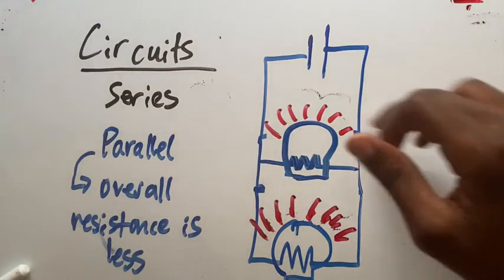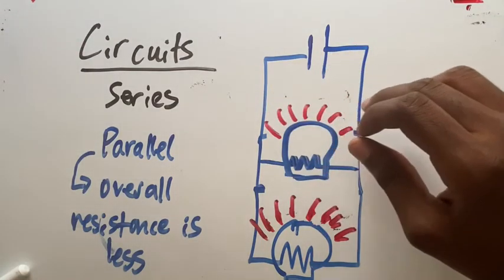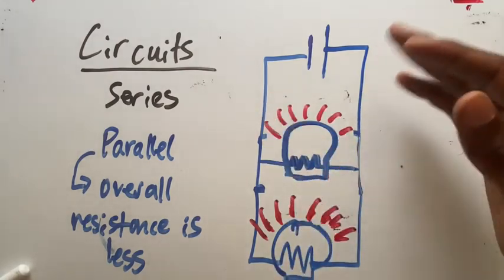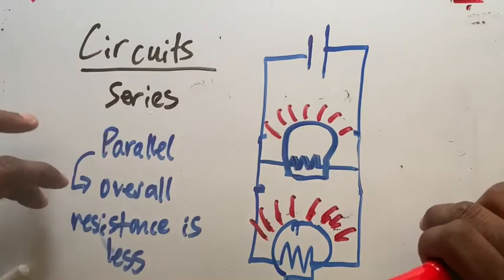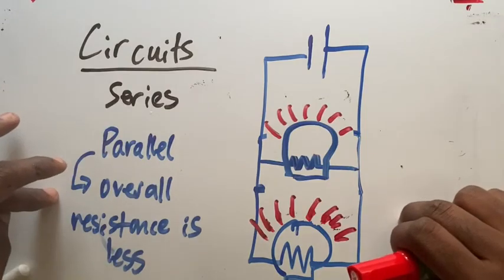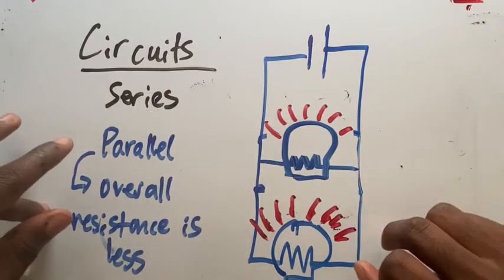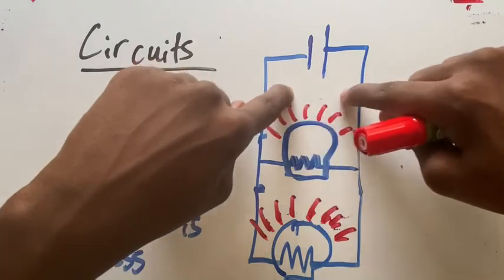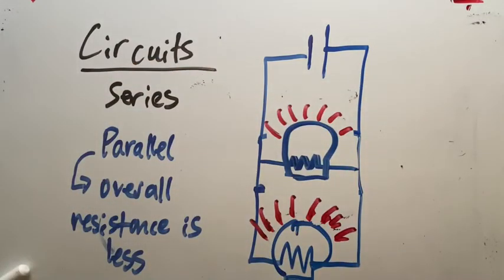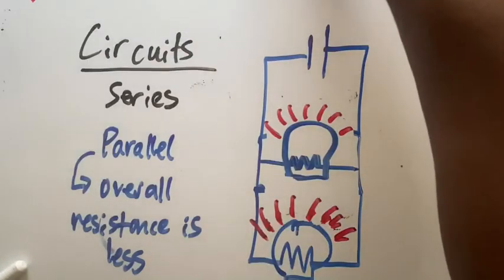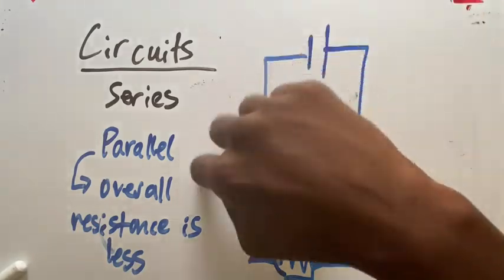And similarly, if I were to add a third one here, then the brightness would also increase for both of these, because as I add more light bulbs or resistors in parallel, the overall resistance becomes less and less. So that's series and parallel circuits.